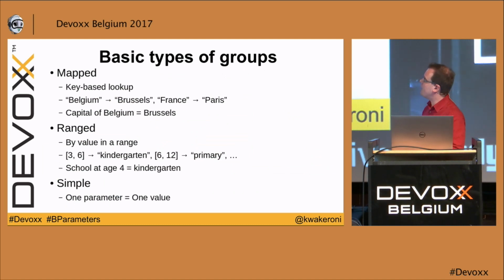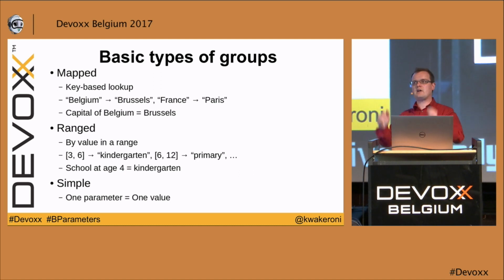So here, just as an introduction, I've noted down the basic types of group that we currently want to support. So you have mapped parameters, which are basically just a map. So here we see a mapping of a capital of a country. Another type is ranged parameters.